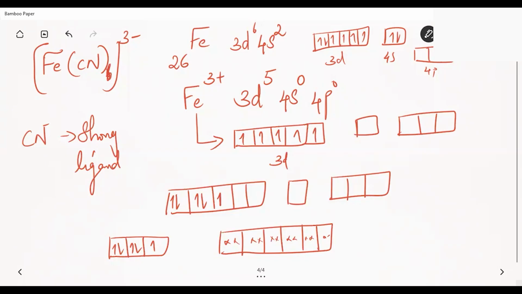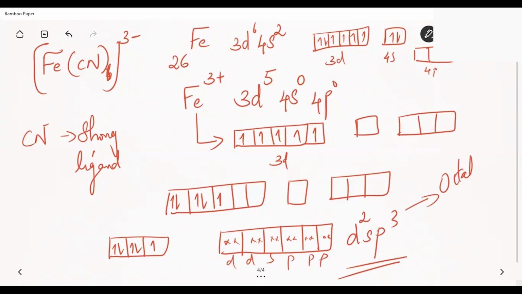You can see two d, one s, and three p, which means d2sp3 hybridization. Six orbitals are used, so this is octahedral geometry. And it is very clear that there is one unpaired electron.